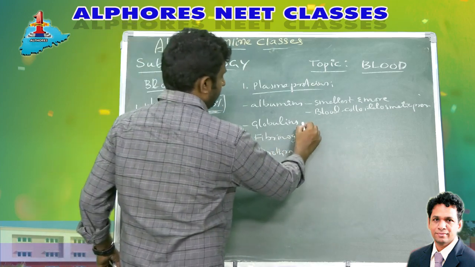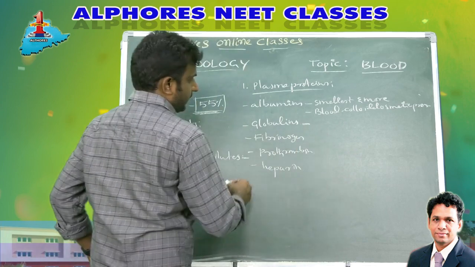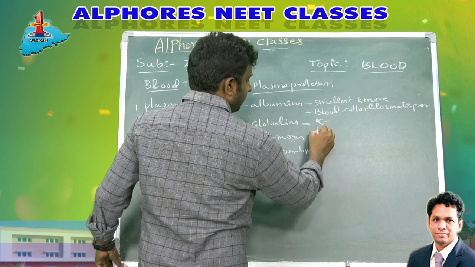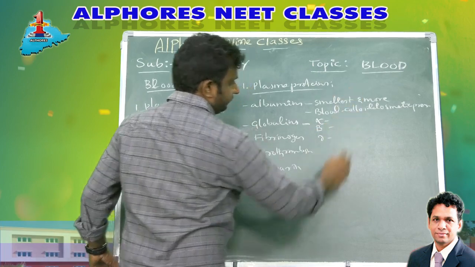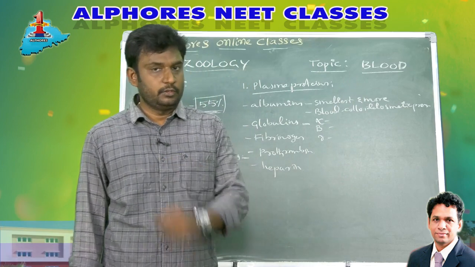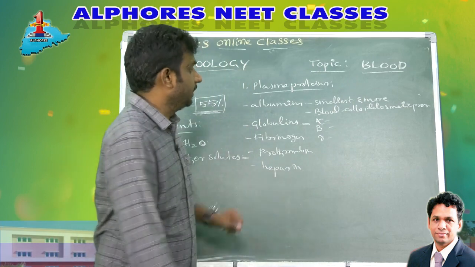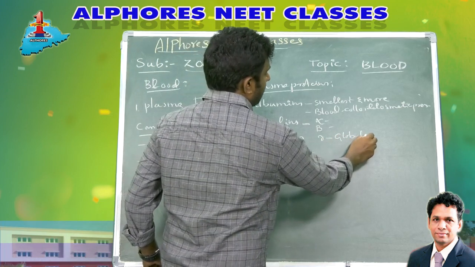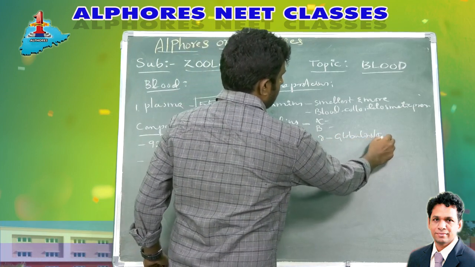Second one, globulins. Mainly three types of globulins are present: alpha, beta and gamma.